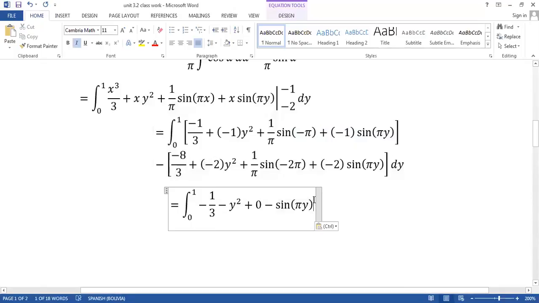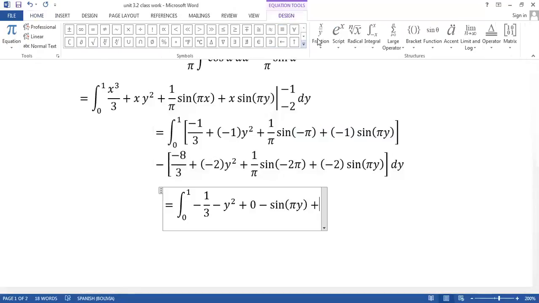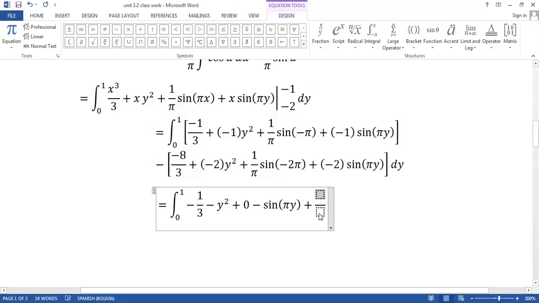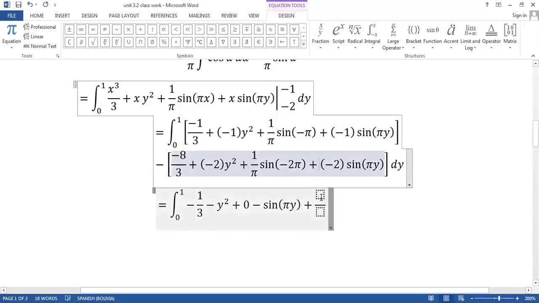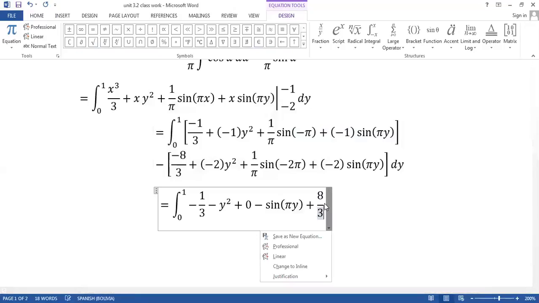dx, dy. No, we have to subtract this. So minus negative 8 is going to be plus 8 over 3, yeah? 8 over 3. Minus. Are you sure it's minus?